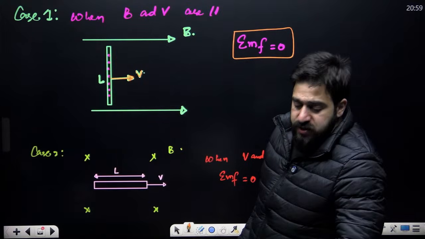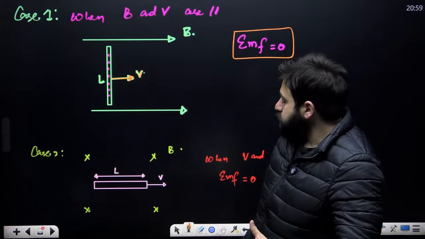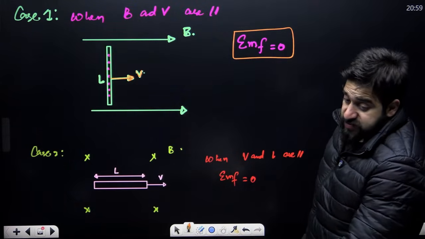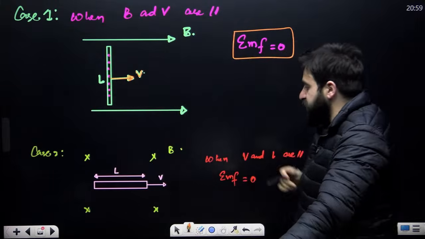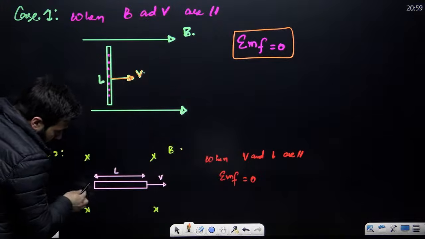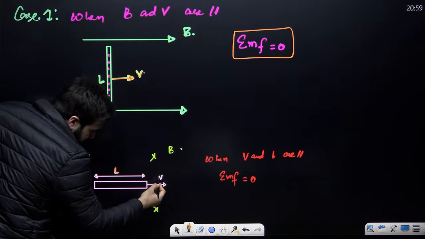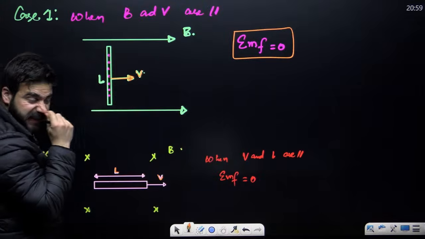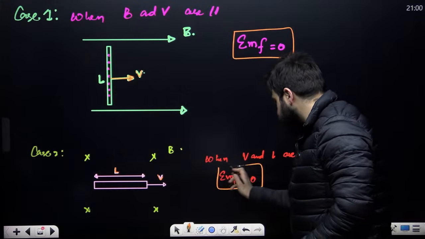Whenever a rod moves inside a magnetic field, EMF will be BLV, but the condition is, if magnetic field and velocity are parallel, EMF is 0. Even here, magnetic field is inwards. Rod is placed something like this, so it moves something like this. So this length and this velocity are parallel. When velocity and length are parallel, here also EMF will be 0.